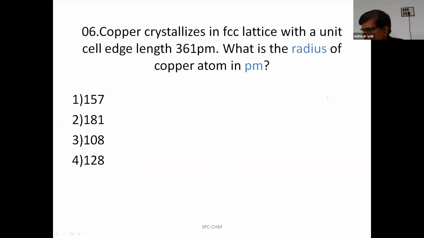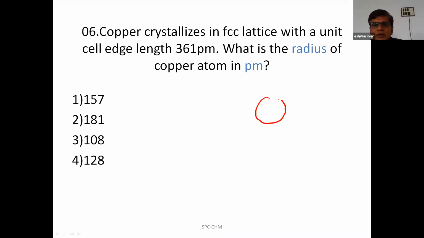Copper crystallizes in FCC lattice with a unit cell edge length of 361 picometer. What is the radius of the copper atom? So look at this. They have given the unit cell edge length and you are required to find the radius of the atom. So I'll draw this diagram for you.